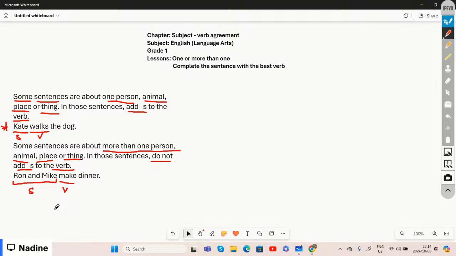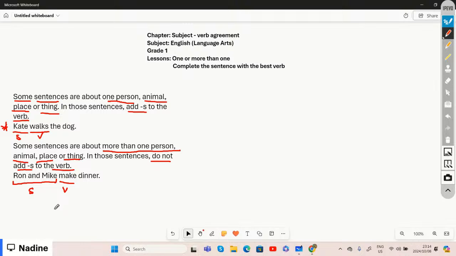All right. So once again, our subject needs to agree with our verb. And like we said, if we are talking about one person, animal, place, or thing doing something, then we need to add an S to our verb.